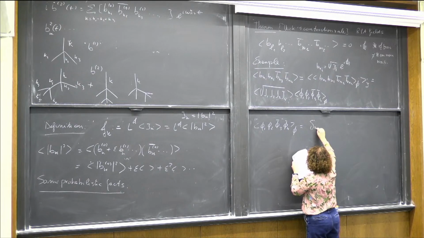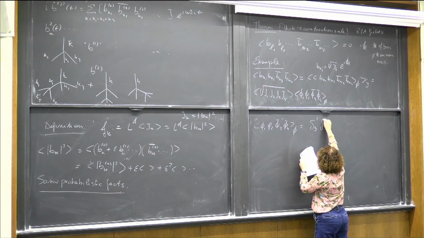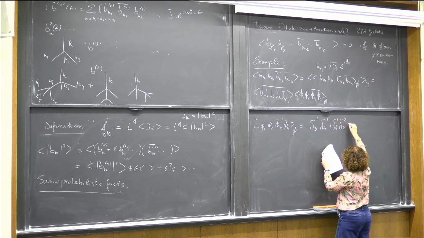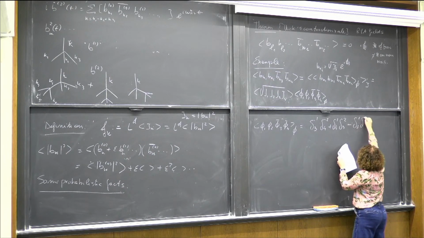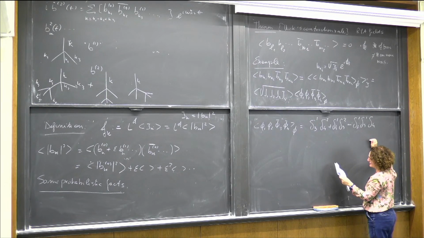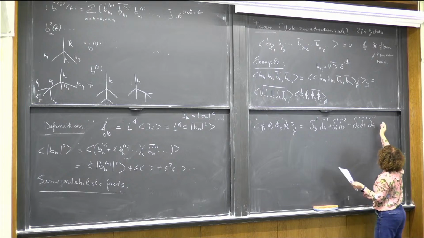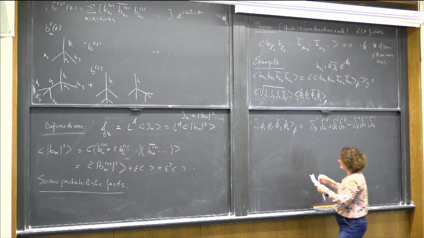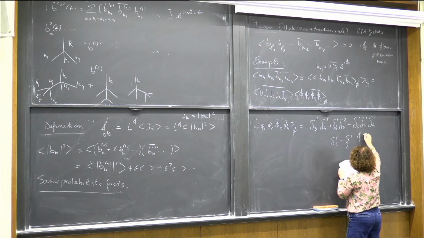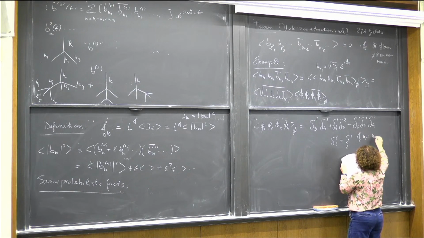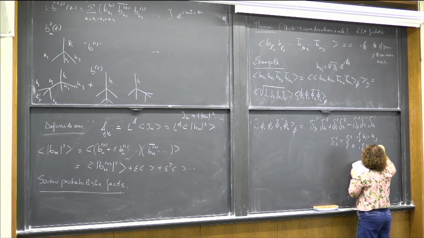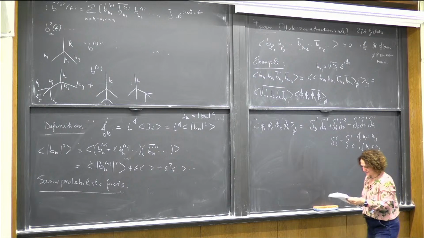I claim this is a delta function: delta_{k1,k2} delta_{k3,k4} plus delta_{k1,k4} delta_{k3,k2}. I'll tell you in a moment what these are. Delta_ij is 1 if k_i is k_j, and 0 if k_i is not k_j. Anyway, I'm not sure what the index is there. I cannot read my handwriting.